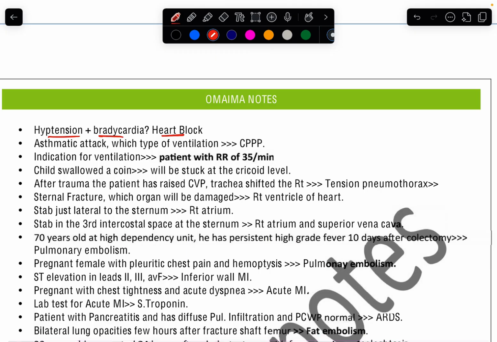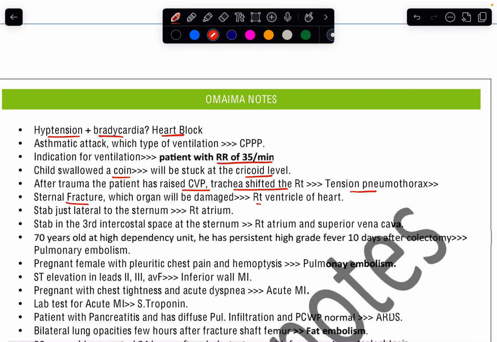Asthmatic attack, which type of ventilation? Positive pressure ventilation. Indication of ventilation: patient with respiratory rate more than 35. Child swallowed coin stuck at the cricoid level. After trauma, patient has raised CVP, trachea shifted: tension pneumothorax.